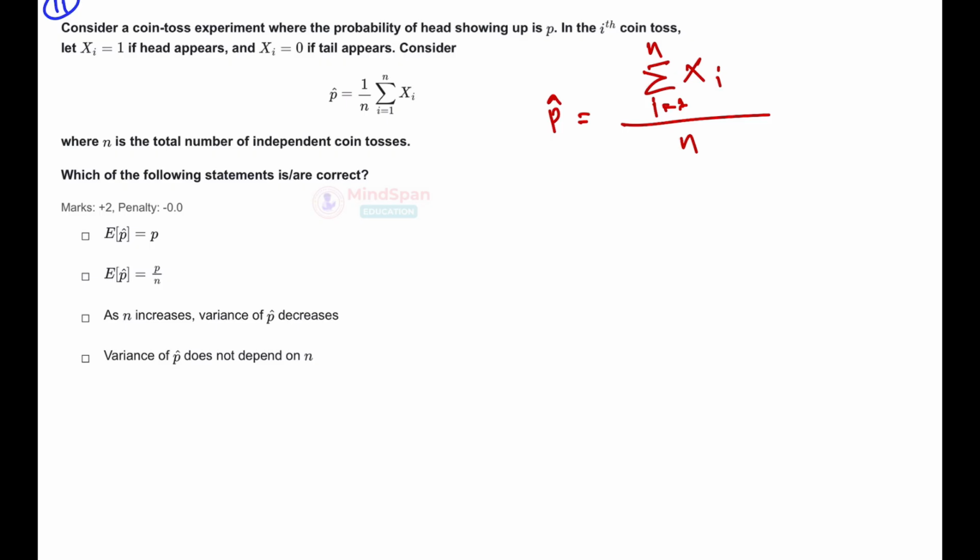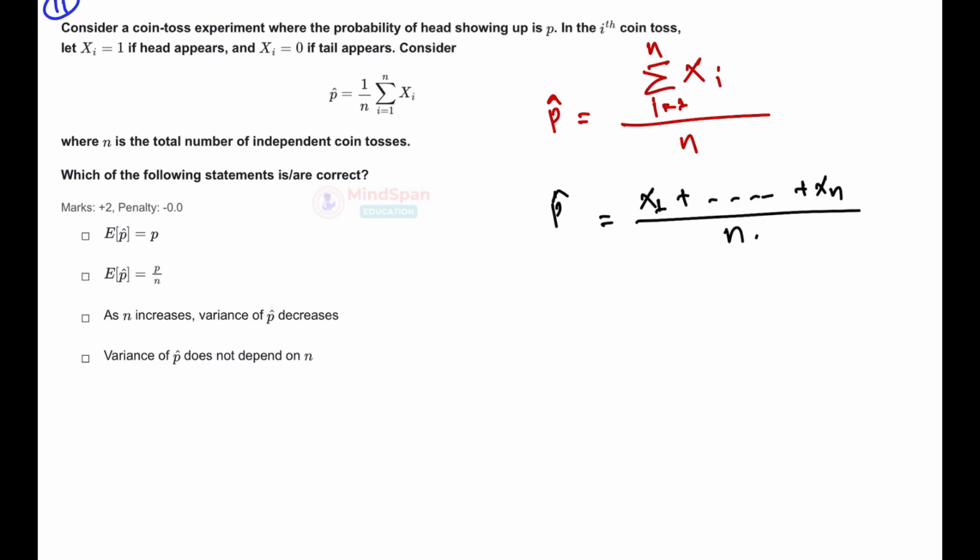So you can write it like this: x1 plus dot dot dot plus xn divided by the total number of random variables that you are adding, and we are calling this P hat.